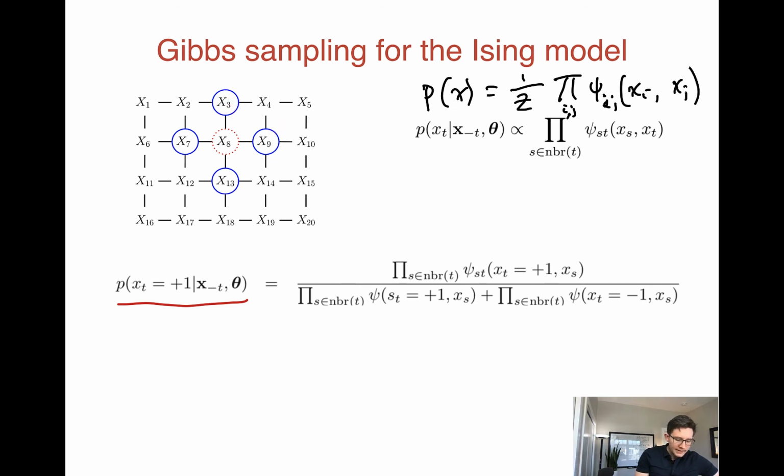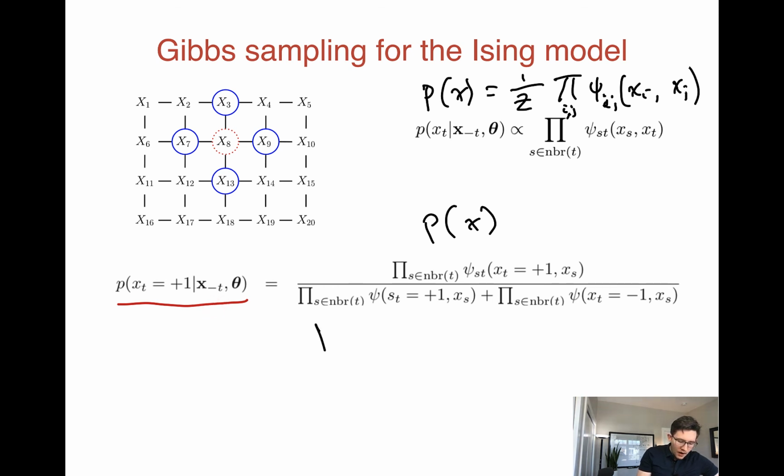Okay, so let's write down our full conditional. Here, I need to put the probability of xt and x minus t, so that's the probability of everything. So here I would just put the probability of the whole x, divided by the probability of just x minus t.